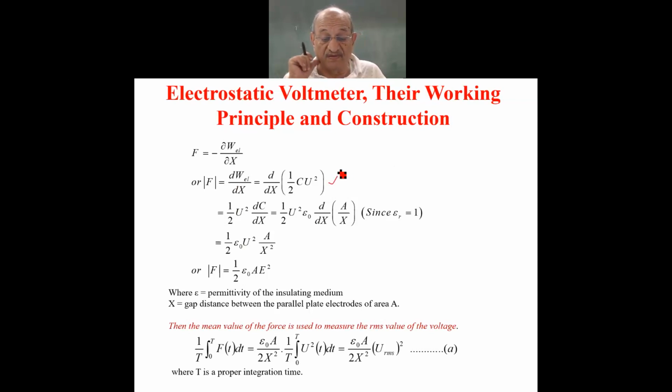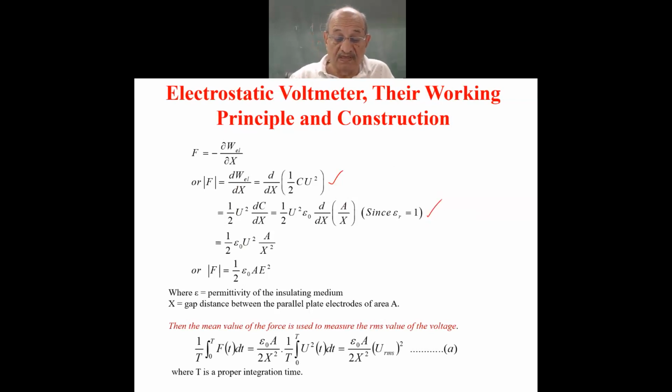And in the case of a uniform field capacitor, this equation can be derived in such a way, having the plate area to be A and the gap distance X, and only epsilon naught will come into picture, even when you take vacuum or a gas, because relative permittivity in that case can be taken to be 1.